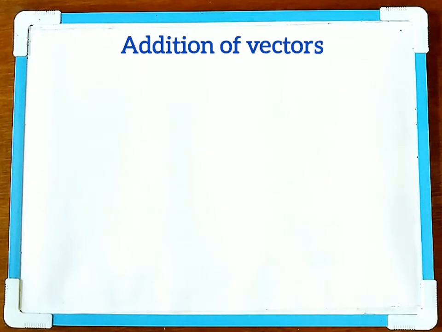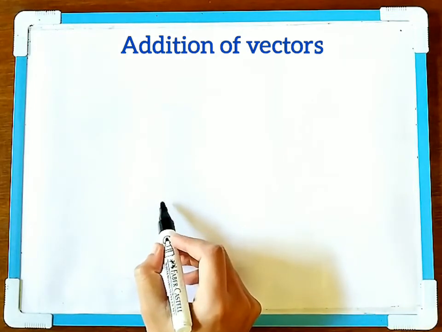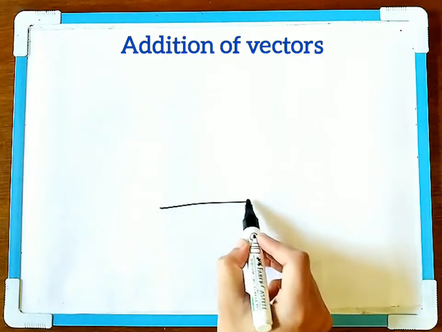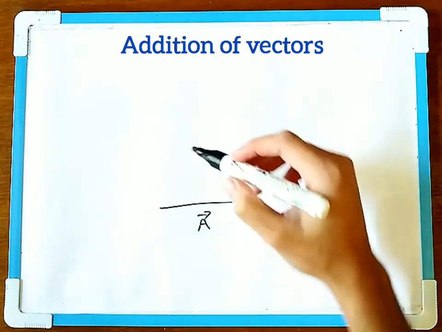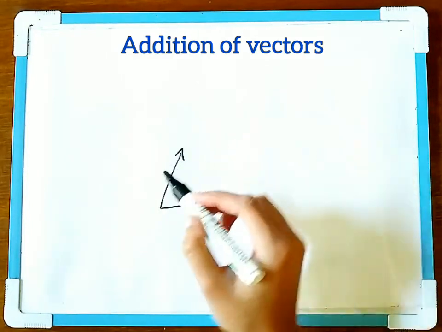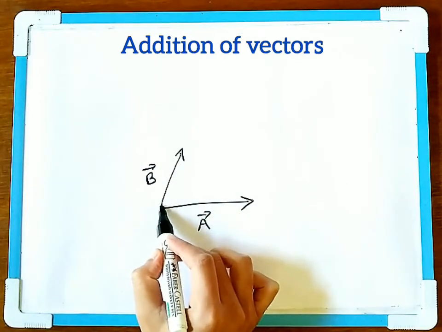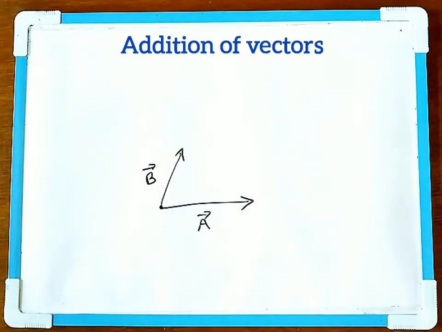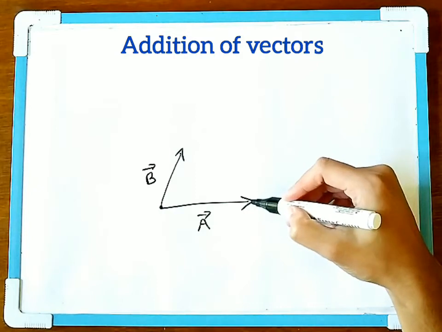So again here we have two vectors acting at a point. Let us say vector A and B. We have two vectors, A vector and B vector, acting simultaneously at a point. And we can draw a parallelogram by using the two sides.